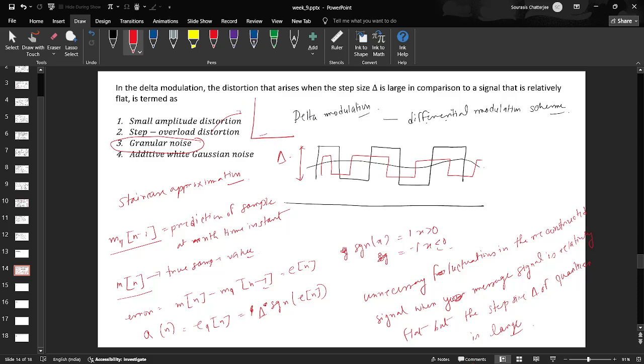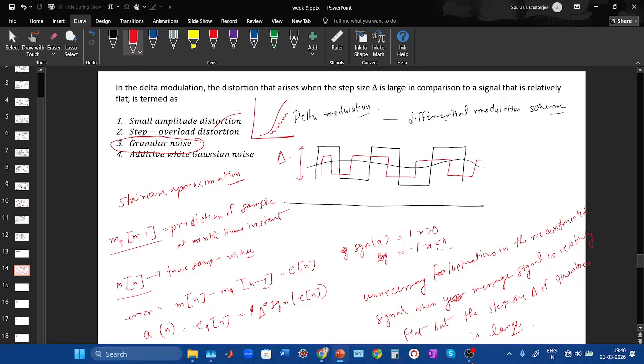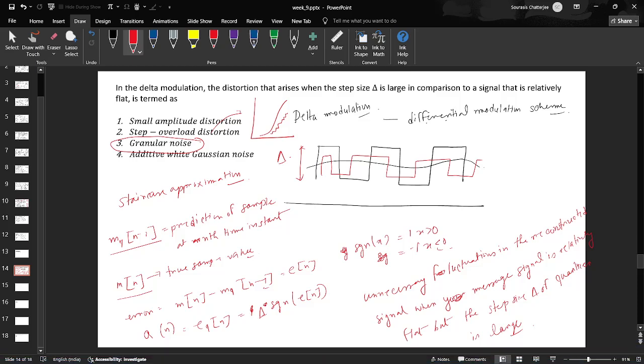For example, your message signal increases like this, and your step size is small. So your approximation is this. You fail to catch up to these high values because every time your step size is small, and by the time you catch up, the signal has already increased. So that error increases as the time instant increases. That's just the opposite of granular noise.